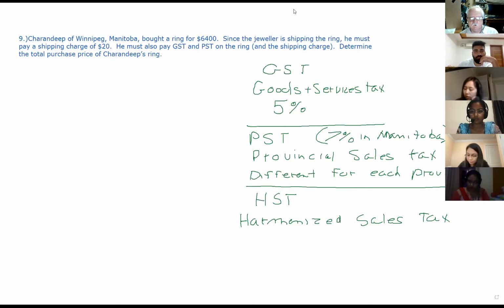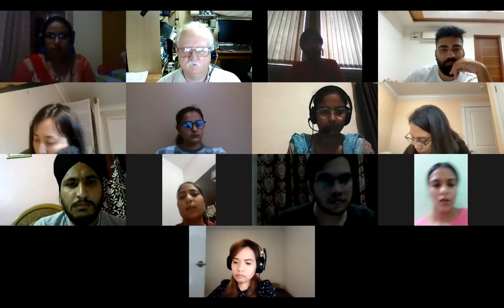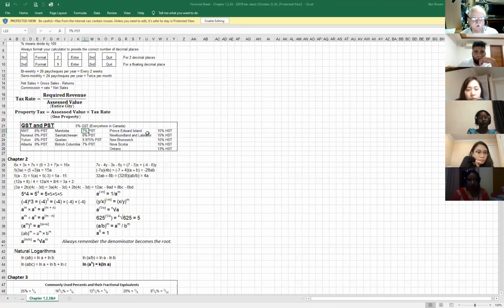When they suggested to the provinces that we do this, some of the provinces said, okay, we'll do it, and some said, no, we don't want to do that. So wherever you see a harmonized sales tax, that's just the GST and the PST added together. We can see all these provinces, Prince Edward Island, Newfoundland, New Brunswick, Nova Scotia, and Ontario signed on later, but they all have HST. You can still figure out the GST and the PST because we know that the GST is 5%.